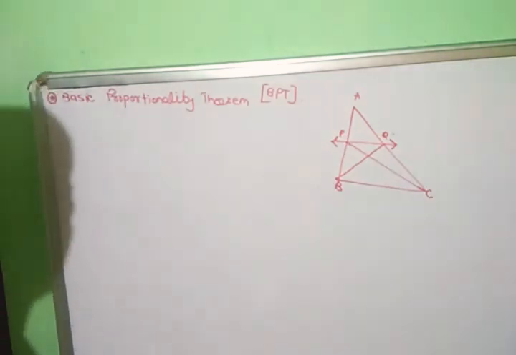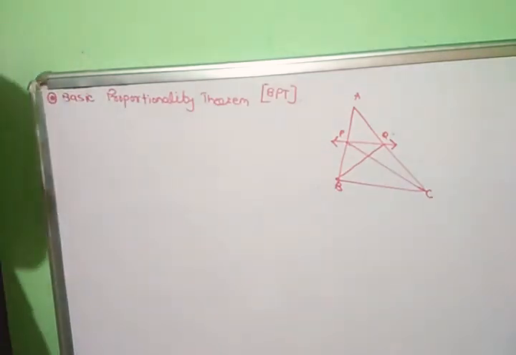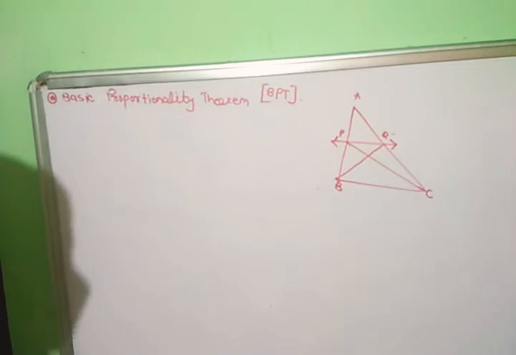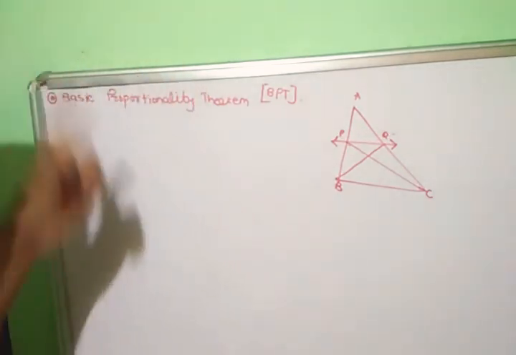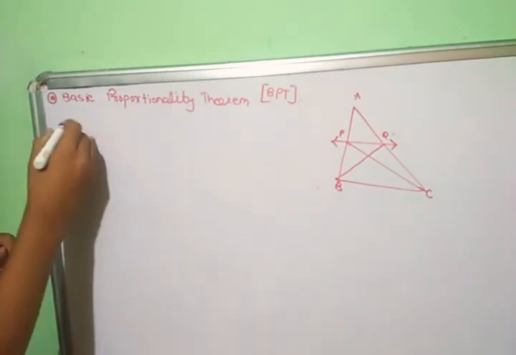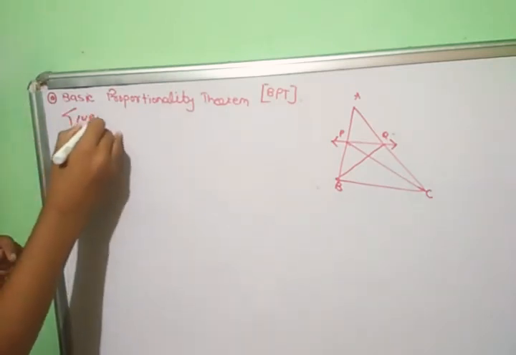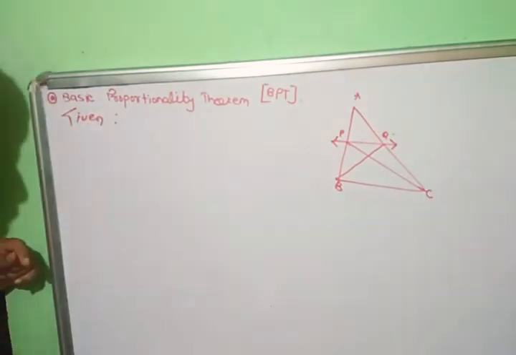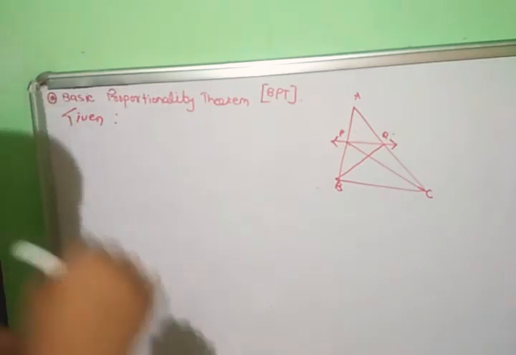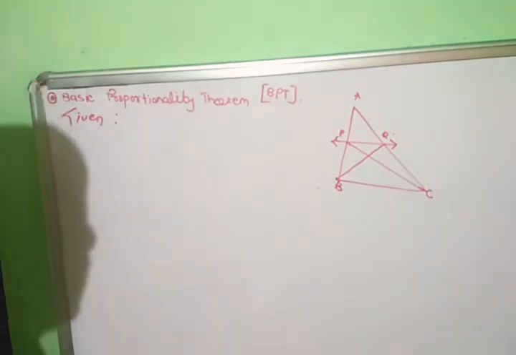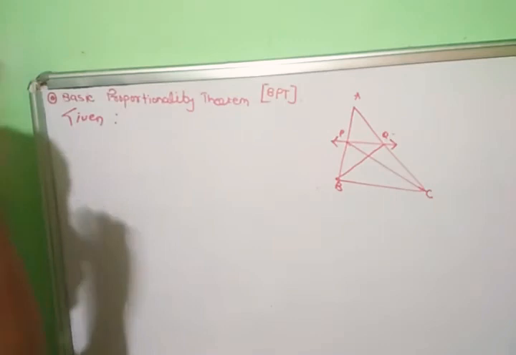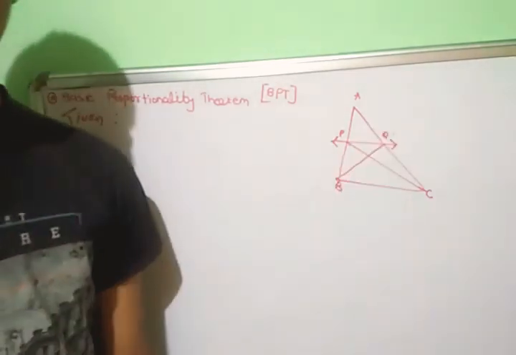So firstly, when we start any theorem, we write the given, but before we write the given we draw the figure.